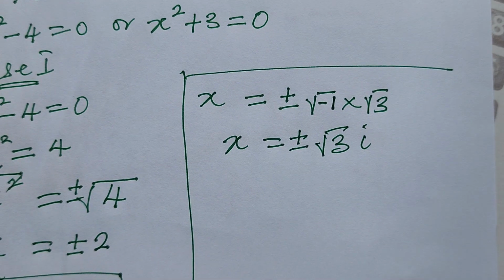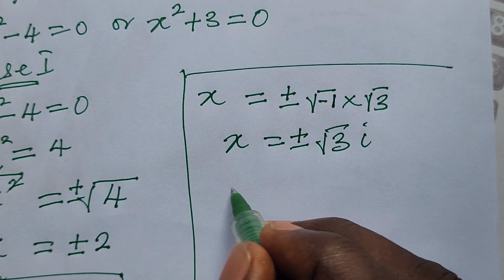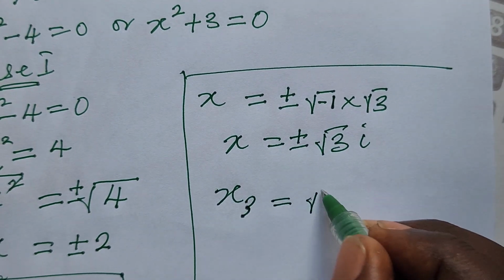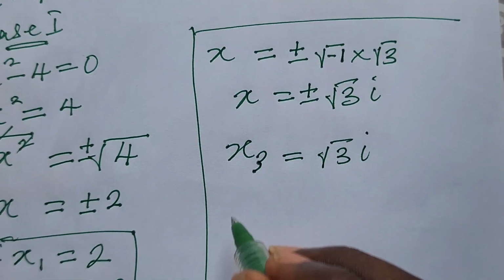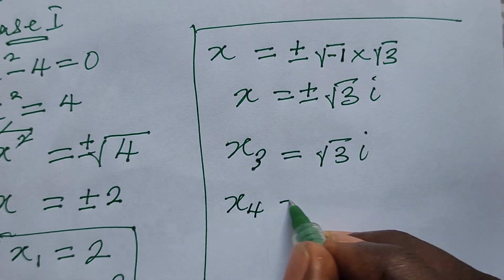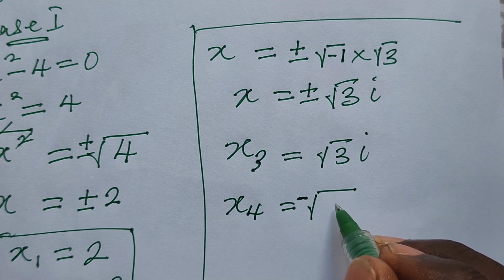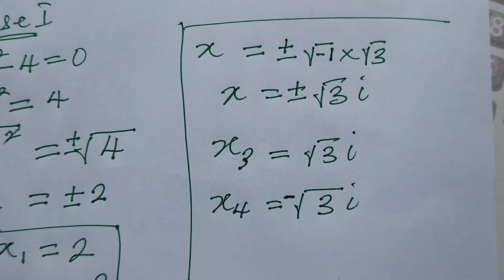So we have two roots from here again. This gives us x3 equal to plus the square root of 3 iota, and our x4 equal to minus the square root of 3 iota.